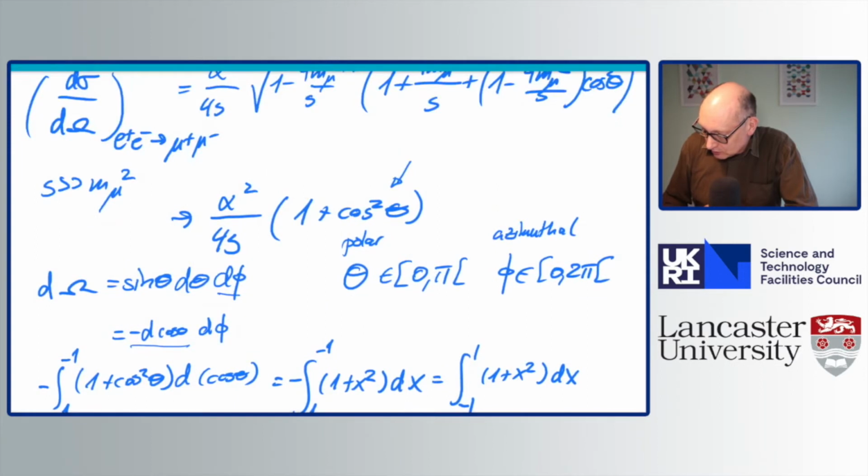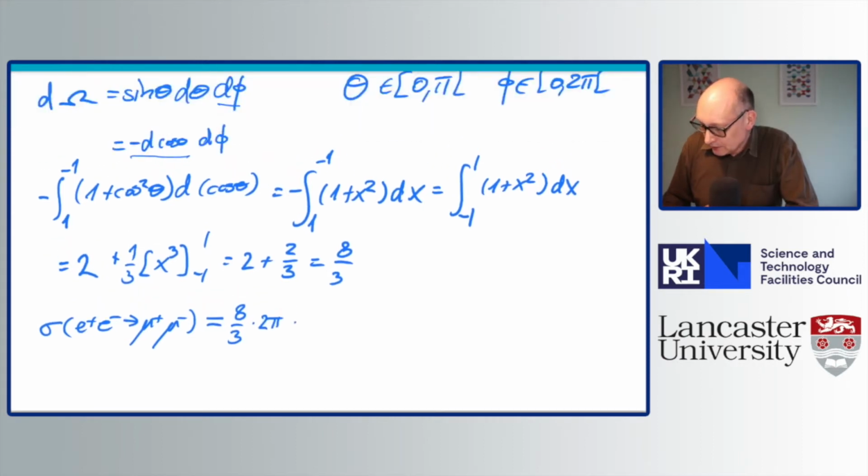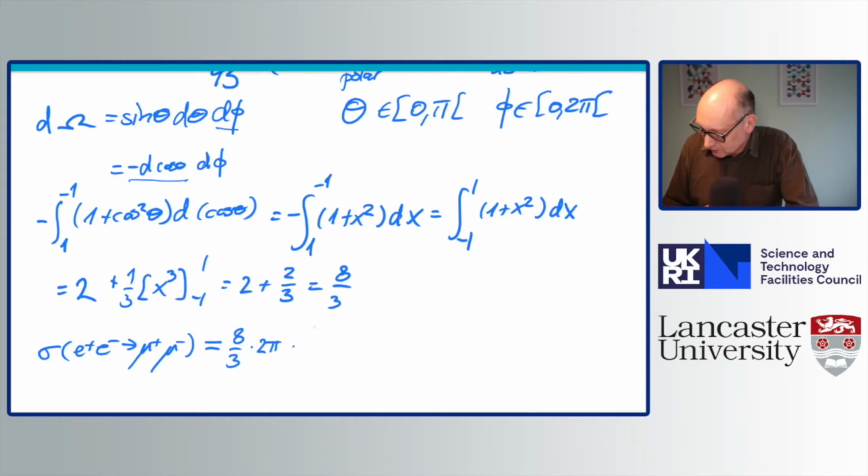So all in all, our cross section for e+ e- going to μ+ μ- is equal to, so we had the 8/3, we had the 2π, and then we had the cross section, which was the flux factors and matrix element squared, α squared over 4s, and then the integral of the 1 plus cos squared θ that we did.